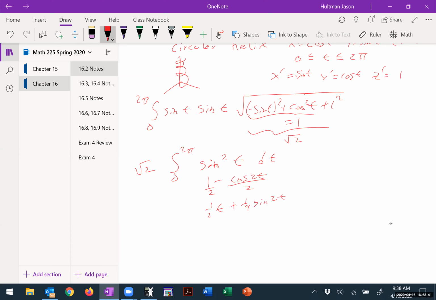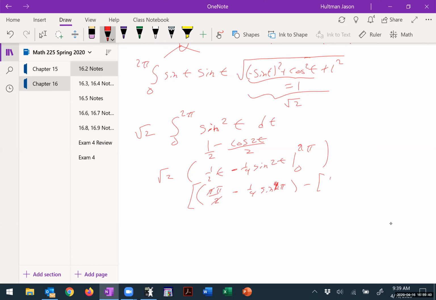That's going to be evaluated from 0 to 2 pi, with our radical 2 out on the front. This is going to be 2 pi over 2, which is just pi, minus 1/4 of sine 2t, sine of 2 times 2 pi, which is 4 pi, and then minus 1/2 of 0 minus 1/4 of sine of 0.